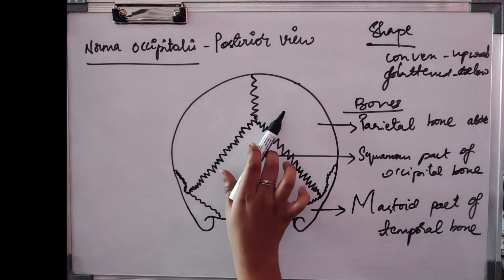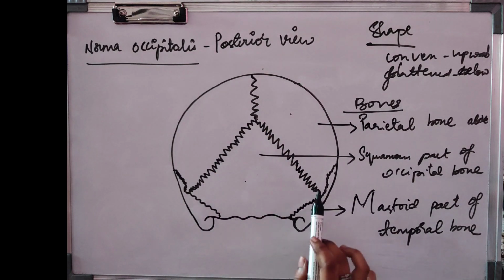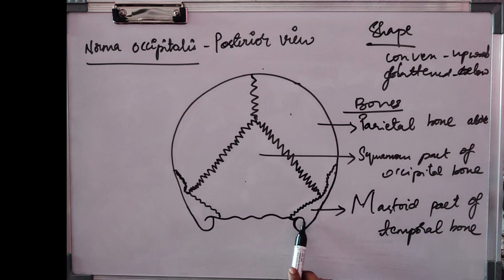So we can see the upper part of the parietal bone above, squamous part of the occipital bone below, and mastoid part of the temporal bone on each side.